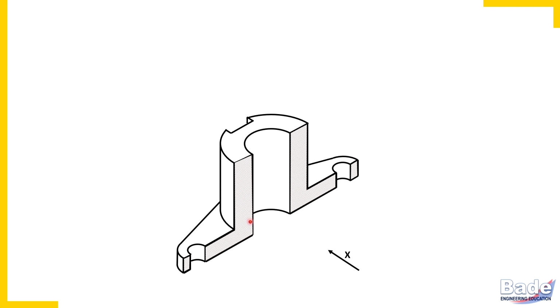Some hidden details remain hidden even after cutting, for example this slot. Now we'll actually solve a problem and you will understand how we are going to use these observations to draw sectional views.